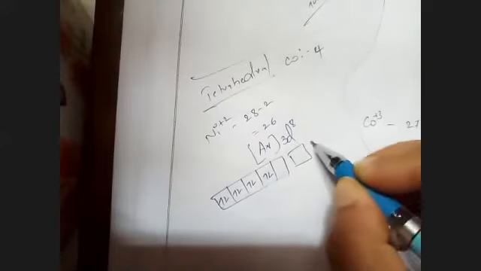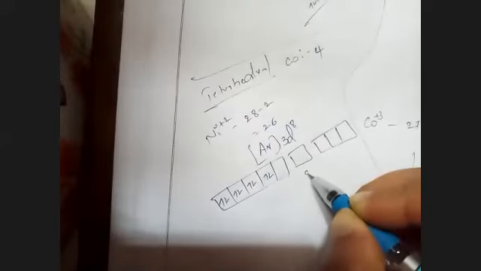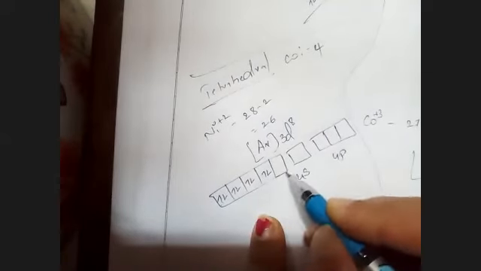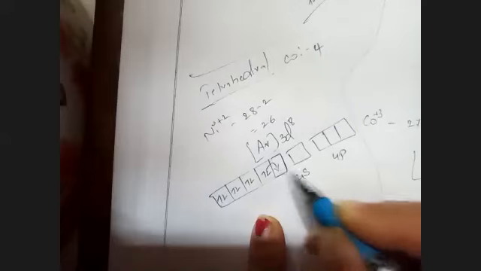Then one is empty, the 4s, and the 4p. Here, because there is only one empty orbital, this electron will excite here and sit here.